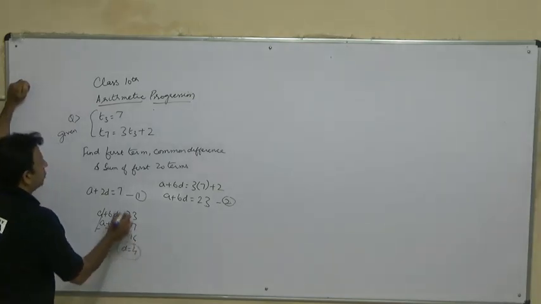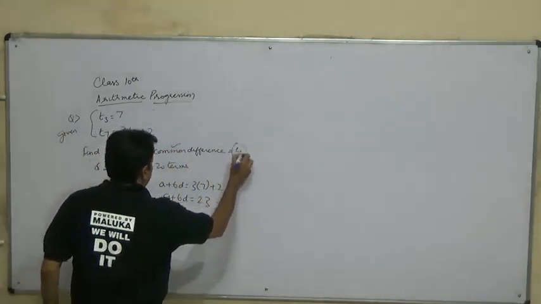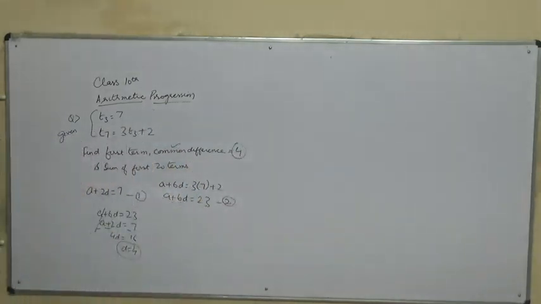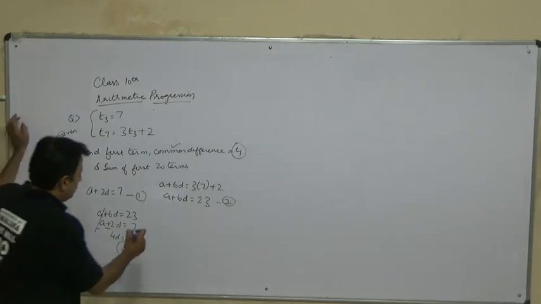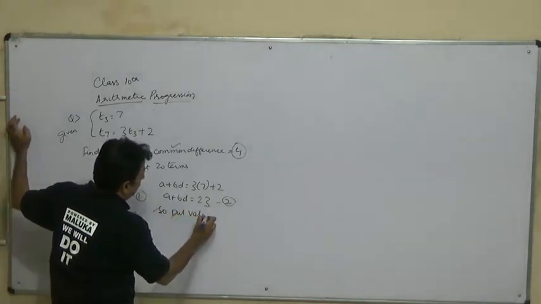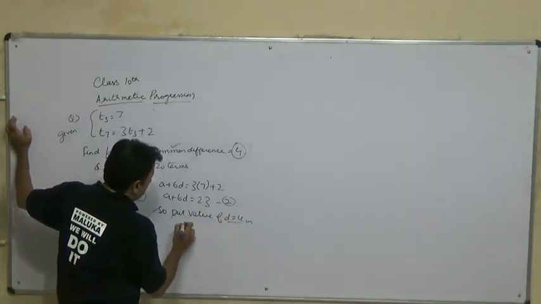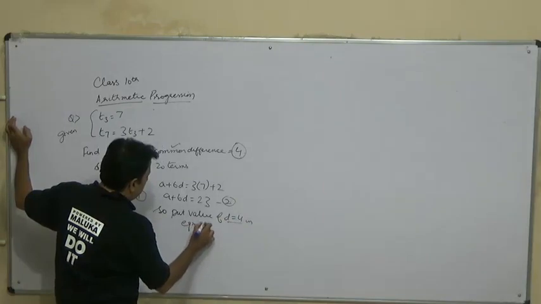So we have found the common difference is equal to 4. Now we will find the first term by putting the value of D in either of the two equations. So put the value of D equal to 4 in the first equation.